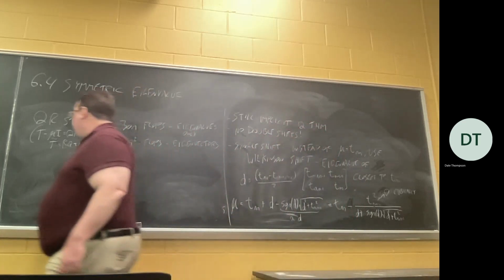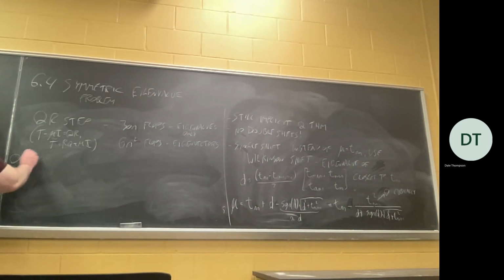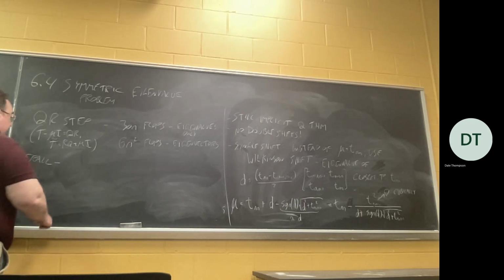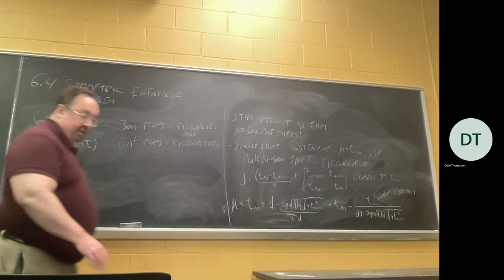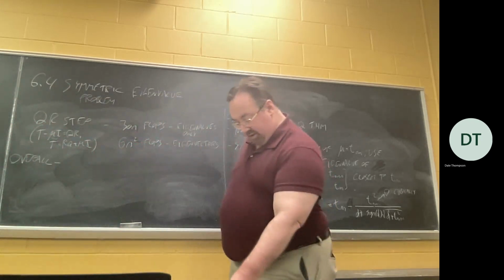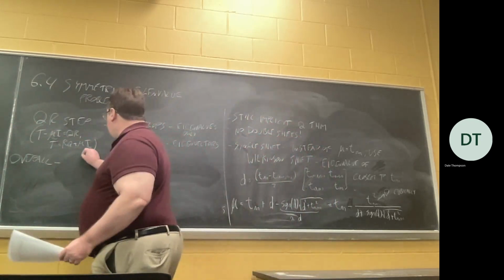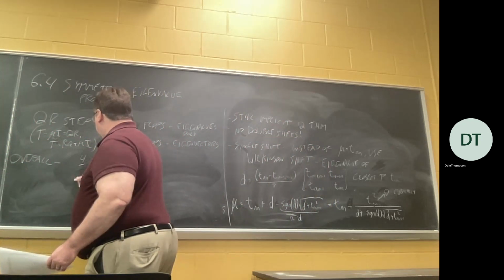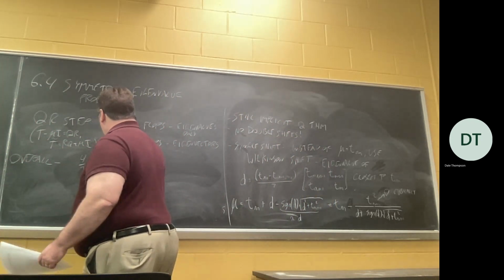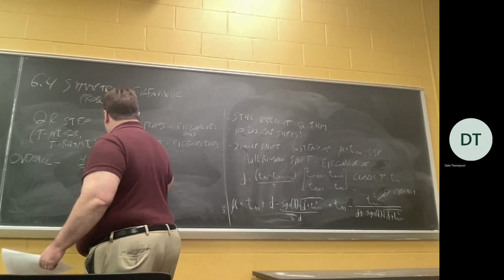Okay, so that's a single QR step. The overall process of the QR algorithm in a symmetric case is 4/3 n cubed in case of eigenvalues only.